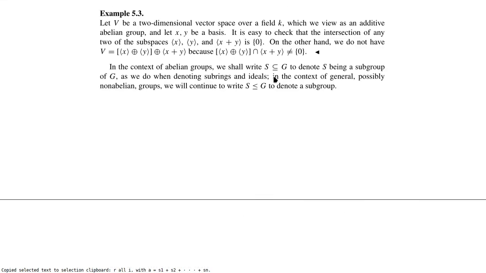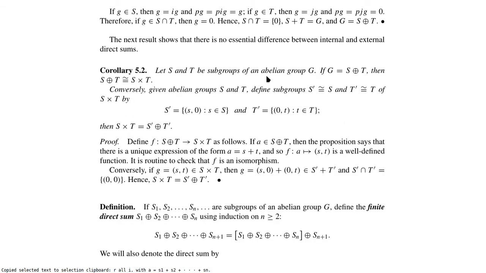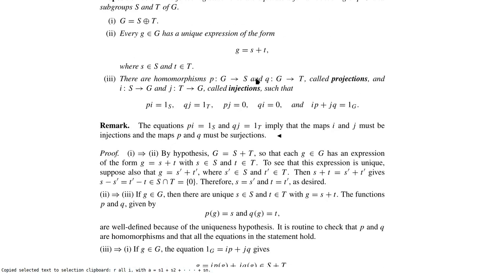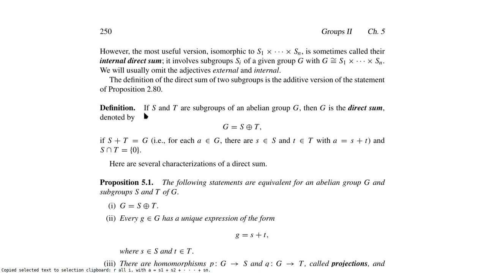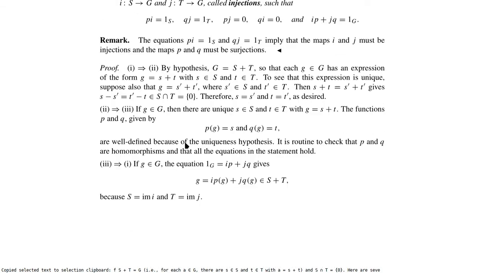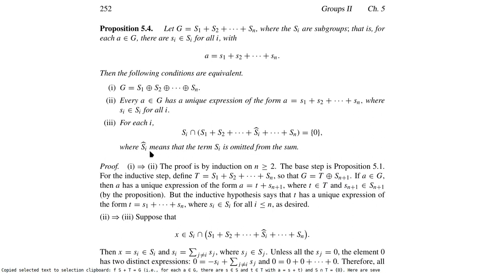Now, just like before, we had the uniqueness condition, and the other condition was that the intersection of the summands is 0. So here it is also the same thing. If you have this sum of n terms, this is n minus 1 terms because Si is excluded from the sum, right?